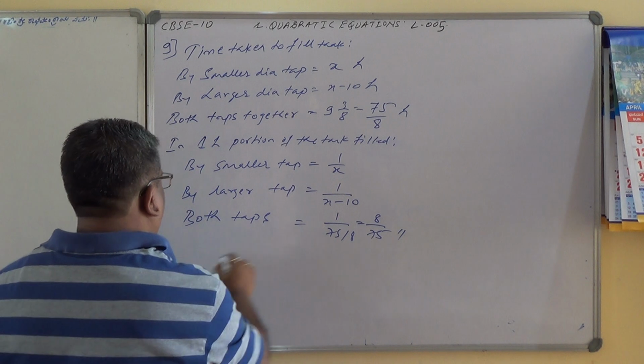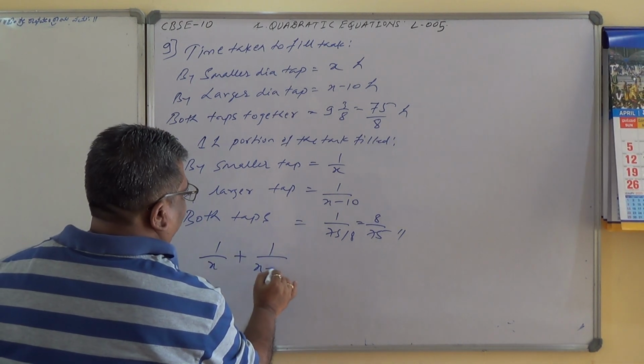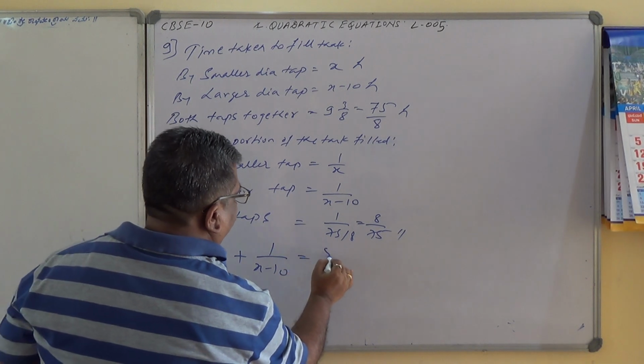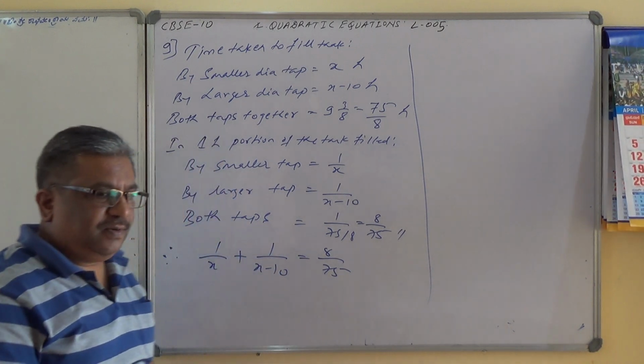Therefore 1 by x plus 1 by x minus 10 equals 8 by 75. This is what we are going to work out.